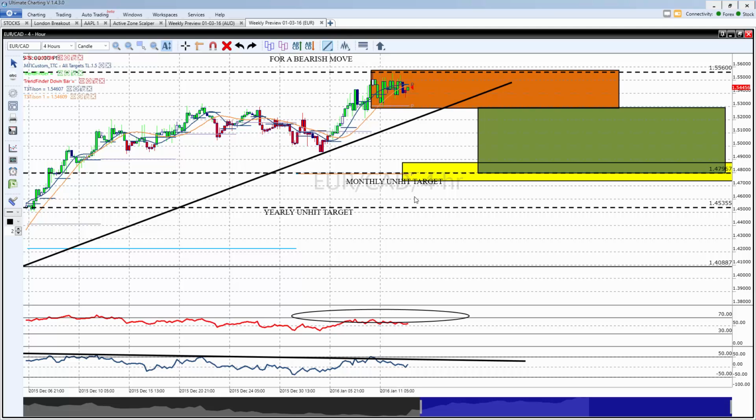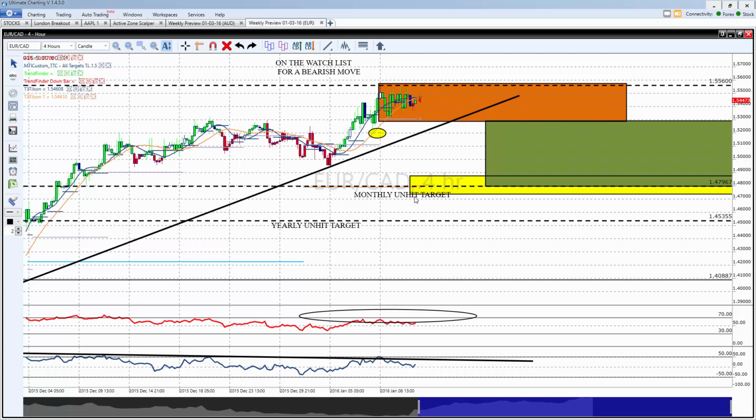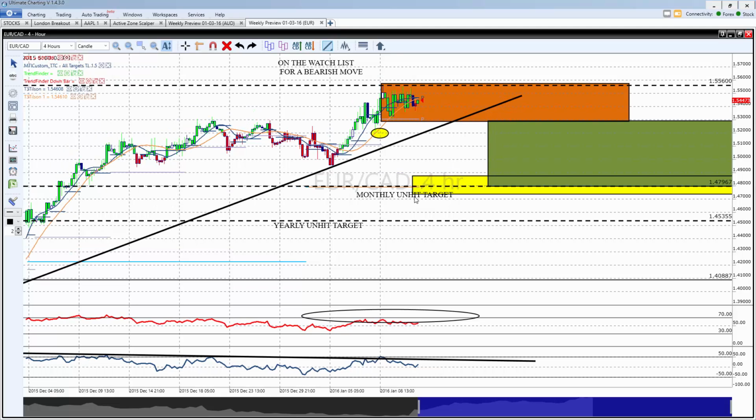Let me draw that for you. One touch here, two touch here. Well, how come I can't use my tool continuously? Oh, that's crazy. Okay, right here. Right here.